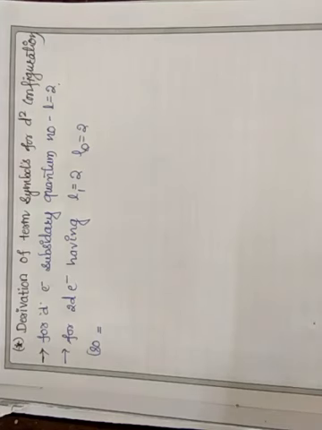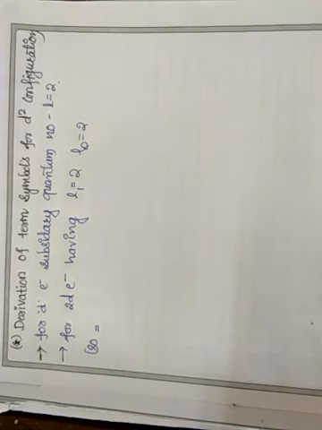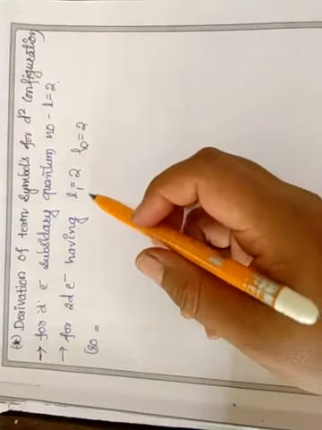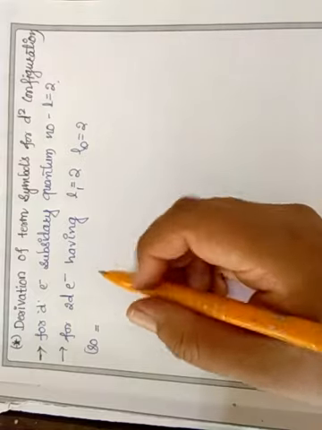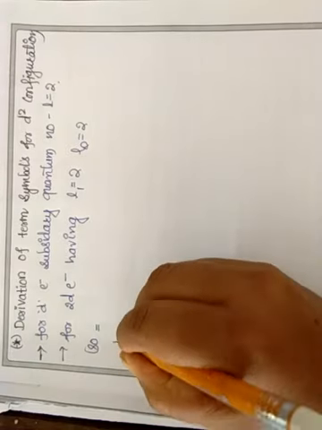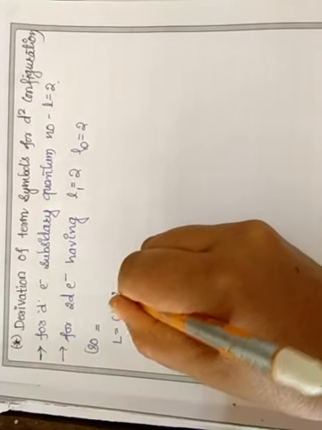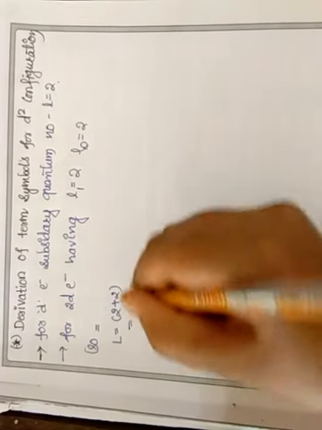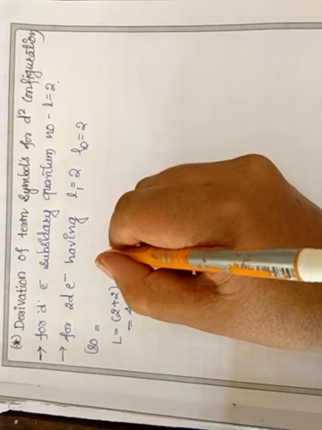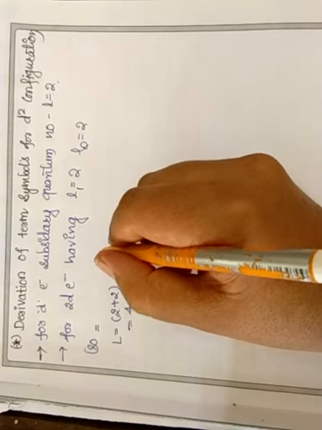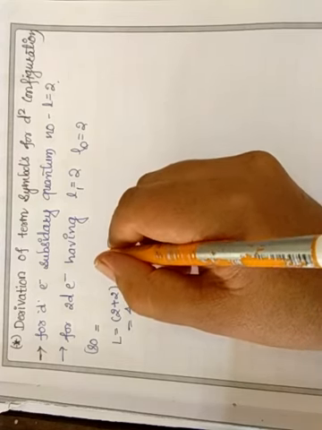So for derivation of terms and symbols for the d2 configuration, for a d electron the subsidiary quantum number l is equal to 2, and next for 2 d electrons, l1 is equal to 2 as well as l2 is equal to 2. So L is equal to 2 plus 2, how much? Yes, 4. Again you already know, plus 4, plus 3, plus 2, plus 1, 0, minus 1, minus 2, minus 3, minus 4.